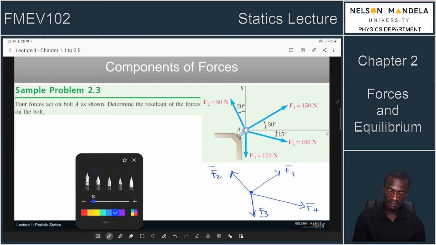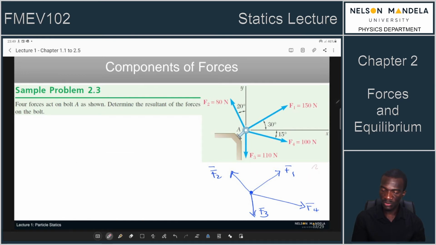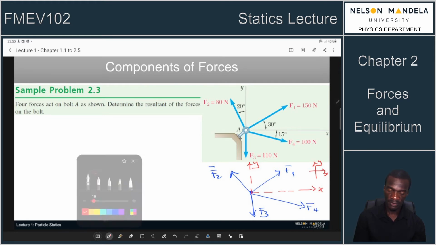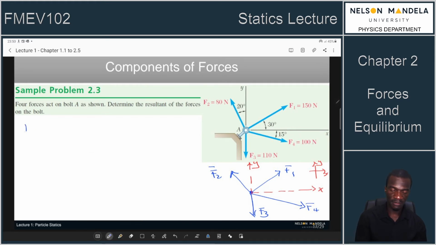Reference frame, very important. So I will just sketch it here. You've got your XY, it's already given, but on the diagram you can simply make life easier for yourself so that it doesn't confuse you. So that's your Y dotted and that's your X dotted. Now that you've got all that information, we need to now list our given data.